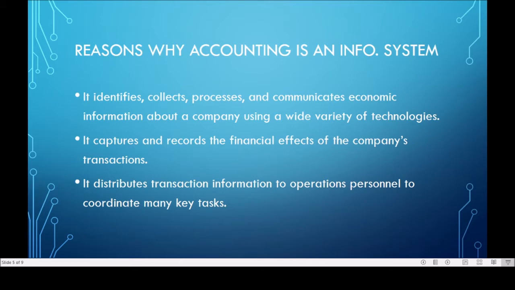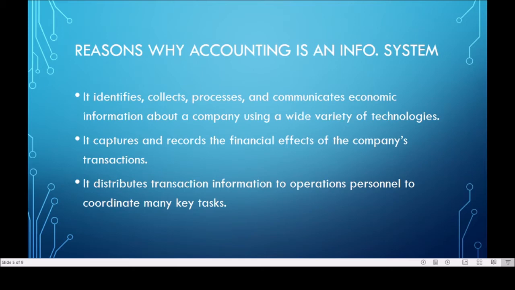information. The last reason why accounting is an information system, it is able to distribute transaction information to operations personnel to coordinate many key tasks. Okay?